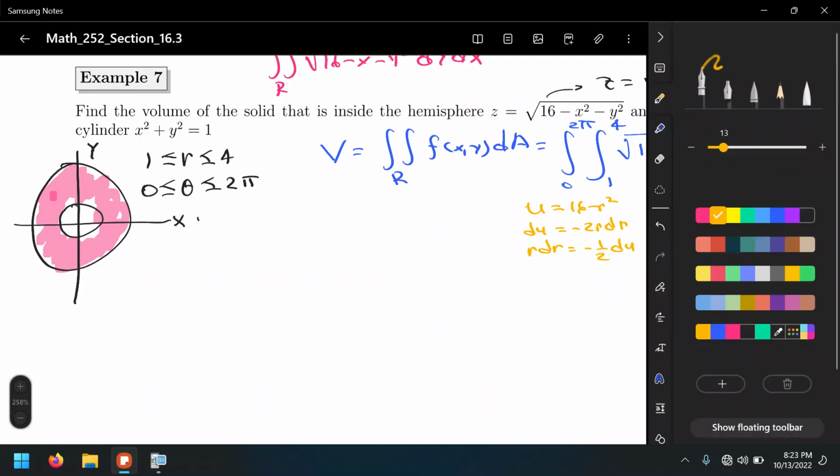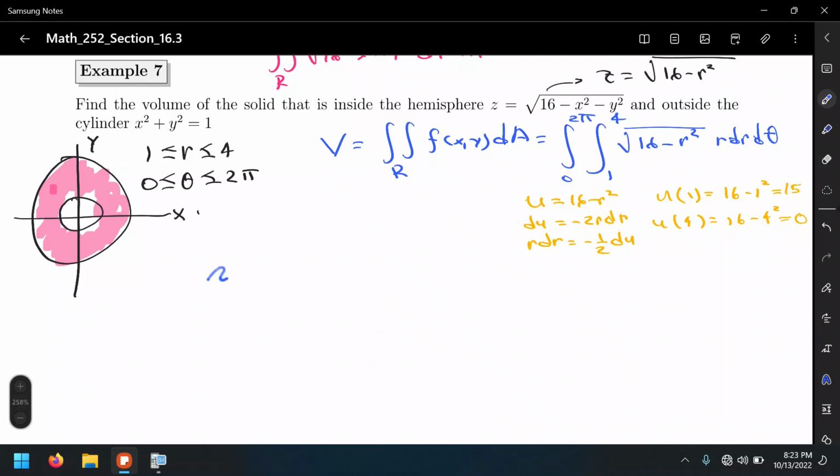So let's write down the innermost integral: the integral from 0 to 2 pi, and then the inner integral becomes from 15 to 0 instead of 1 to 4. And again, we're seeing the lower limit larger than the upper limit, but don't worry. Did you see this factor for the du? It's negative. We can use that property of integrals to reverse the order of the limits of integration by just changing the sign. So that's going to be the square root of u times negative 1/2 du.